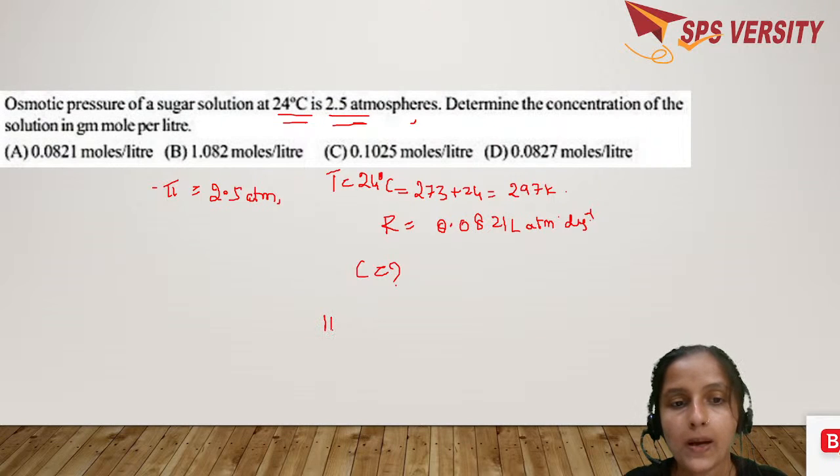We have pi is equal to CRT. Pi is 2.5, C you don't know, R is 0.0821, temperature they have given us 297.